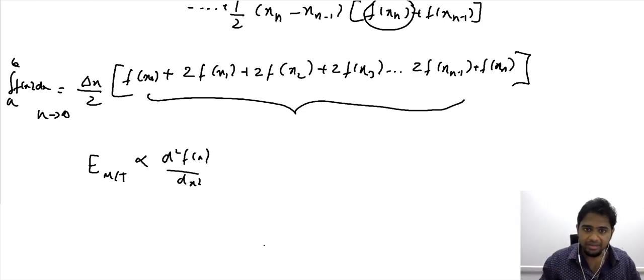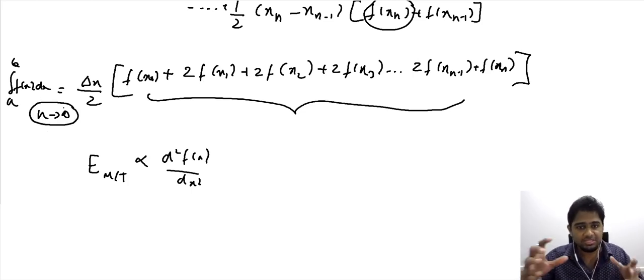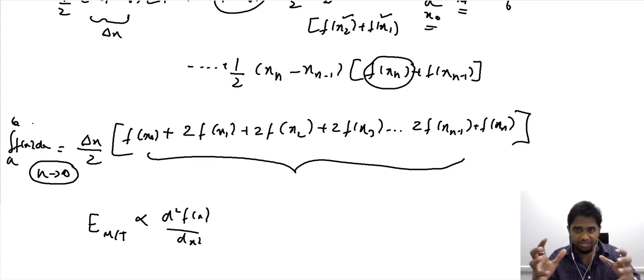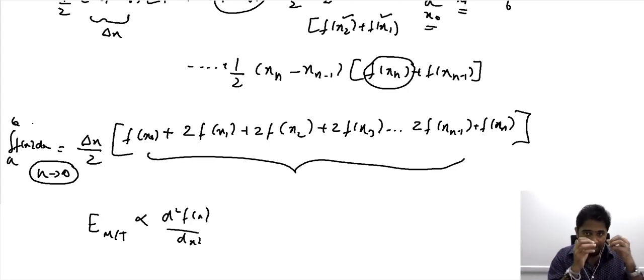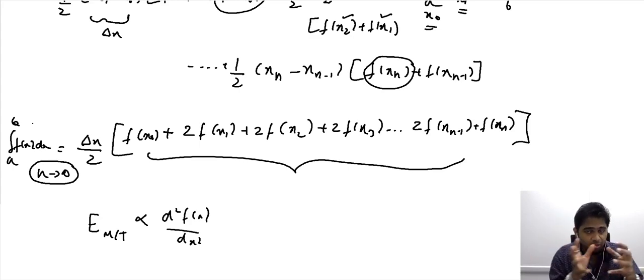In addition to that, we have imposed this limit. This limit translates our summation to that of the integration. When n tends to infinity, the summation is getting closer to the integration.